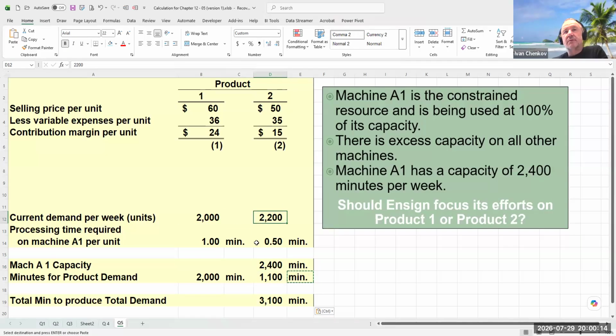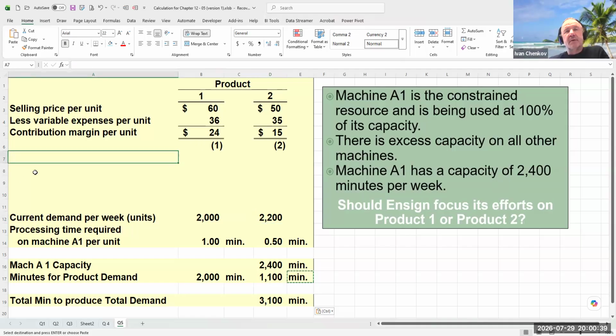Which product should we focus on? Now, what's our constraint? Constraint is machine one. What machine constrains us? Oh, minutes. So if my constraint is minutes, I have to calculate which product gives me the highest contribution margin within the minute.